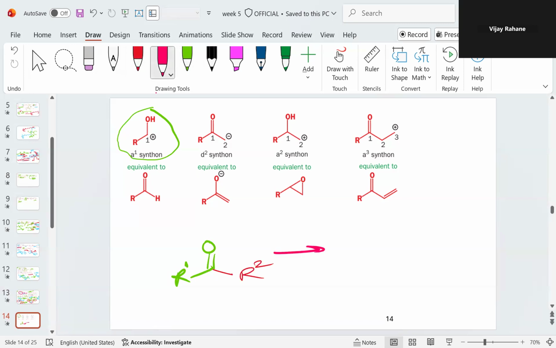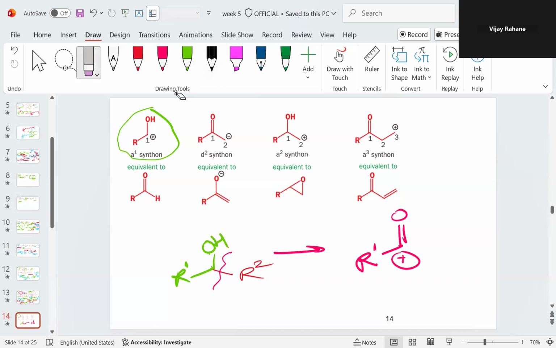Okay, so in this case, if you want to do the retrosynthesis, and I did retrosynthesis here, basically this R1 double bond O, this is the positive. This should be the alcohol, right?